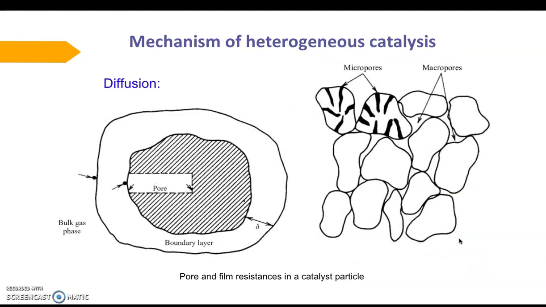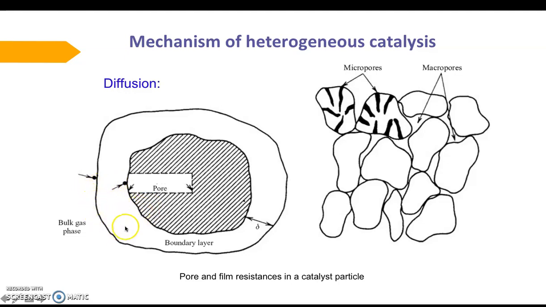Right. So this is another diagram showing how the reactant travels into the catalyst and produces a product. The arrow shows A will adsorb on the catalyst surface. It will go through the pore.